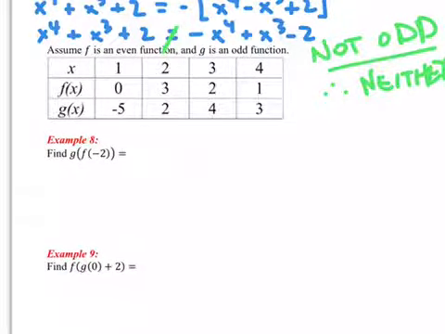Assuming that f is even and g is odd, let's determine g of f of negative 2. Now, one thing that I like to do is I like to think of odd functions. I like to just go on the other side of this table to negative 1, negative 2, negative 3, negative 4. Okay, so I'm going to put a few values in here, and I'll explain after I do that.